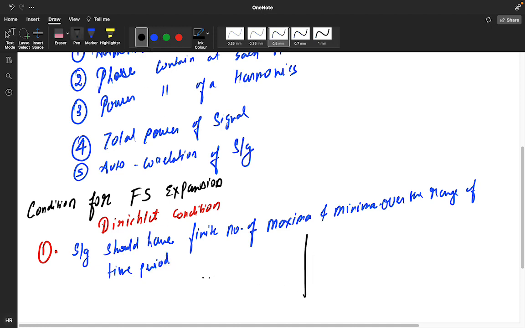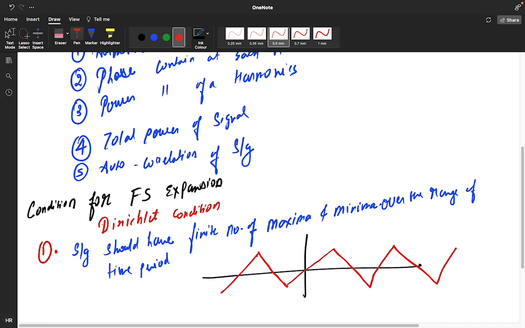And what is the meaning of maxima and minima? See, if you have a signal like this, a periodic signal, this is a maximum and this is a minimum. A finite number of maxima and minima means within one time period. One time period is up to here only, so you have one maximum and one minimum. So a finite number is coming.